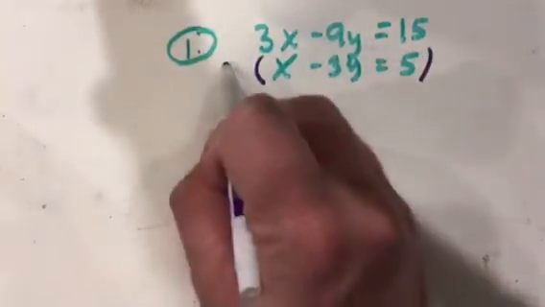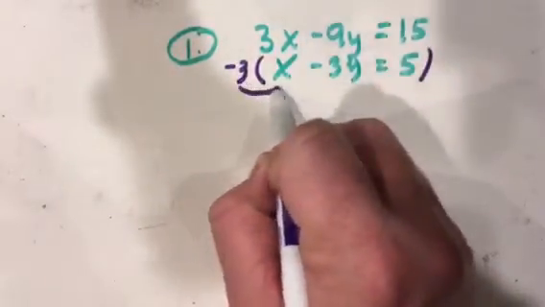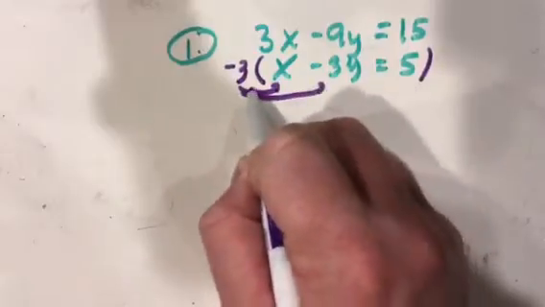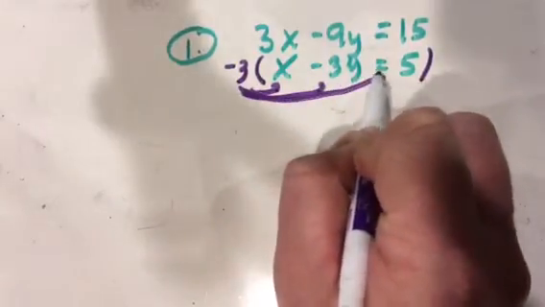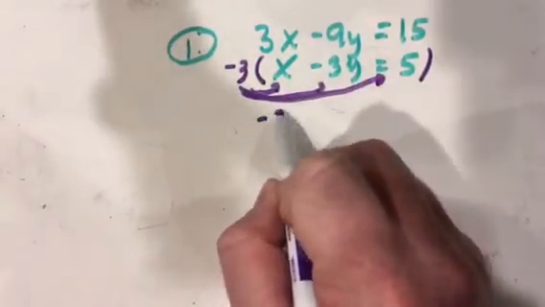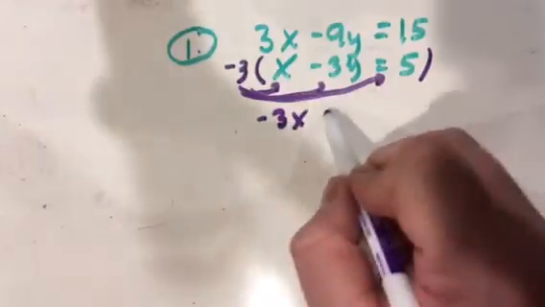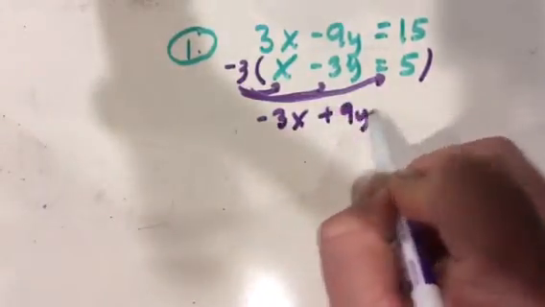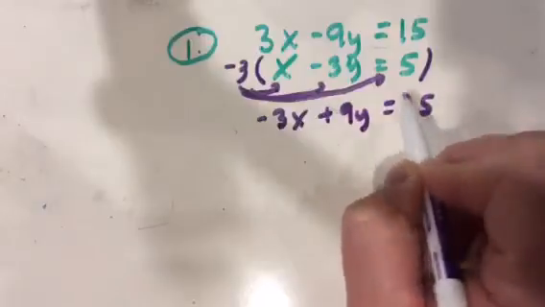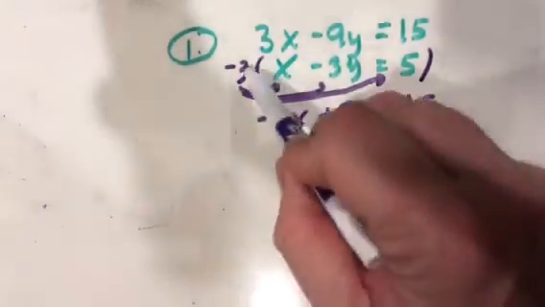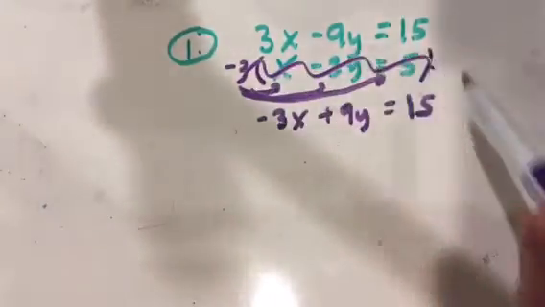But if you multiply by -3, you can get some elimination to happen, because you'll have -3x plus 9y equals 15. And I'm going to scribble through this one so we don't get distracted.